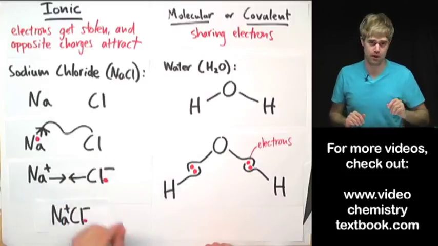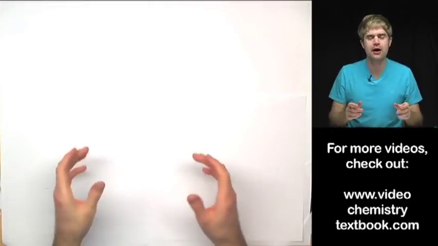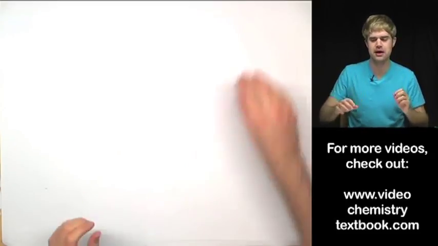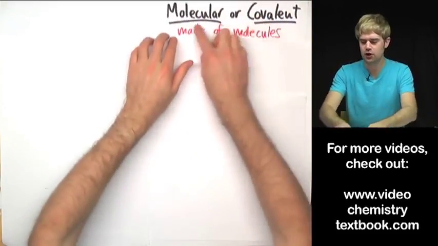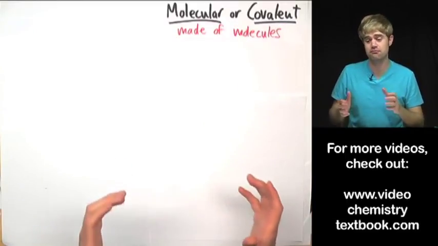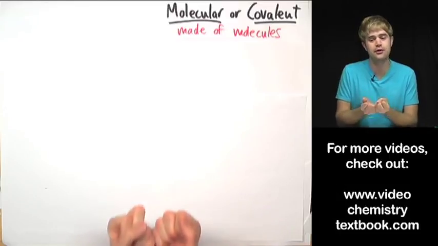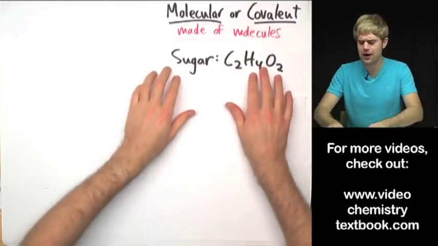Here is one more. Another big difference is how these compounds would actually look if we could see the atoms that make them up. So molecular or covalent compounds are made of molecules, which is a fancy word for a bunch of atoms that are stuck together in a clump. Here's what I mean.